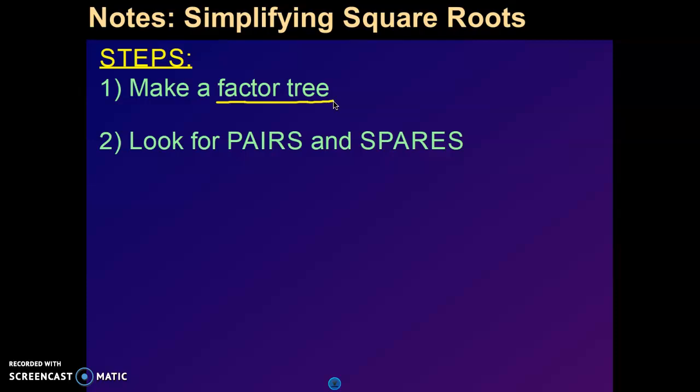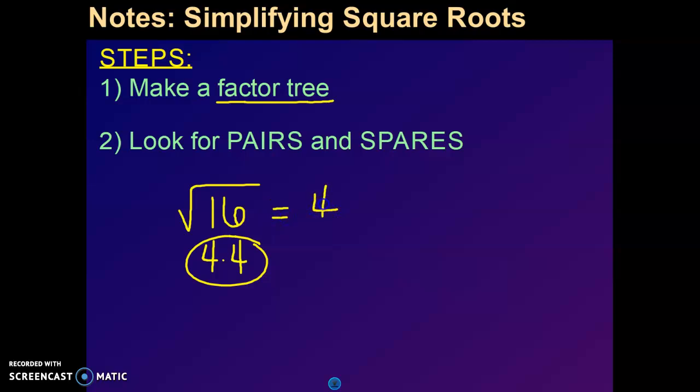And then you're going to hear me say it so much, we're going to look for pairs and spares. So remember, what makes our perfect squares perfect is the fact that 16 has a pair of factors that are the same, right? 4 times 4, so the square root of 16 is perfect. Same thing with 25. It has a pair of factors, so if we made a factor tree, we'd have 5 times 5.